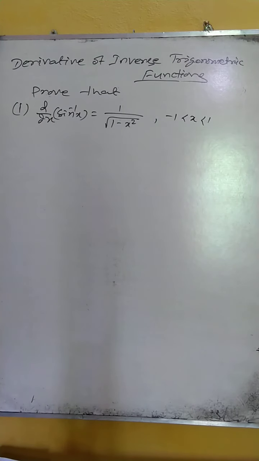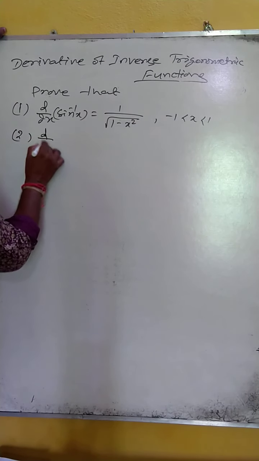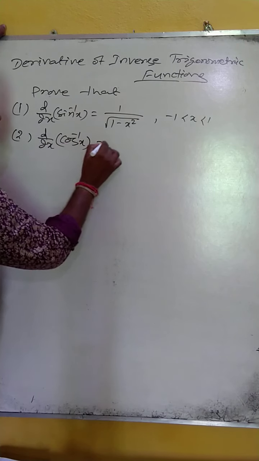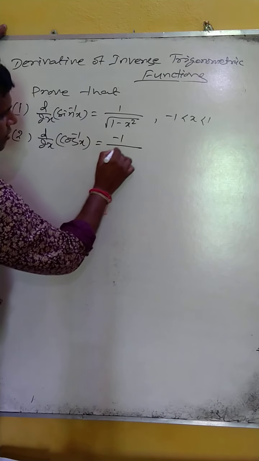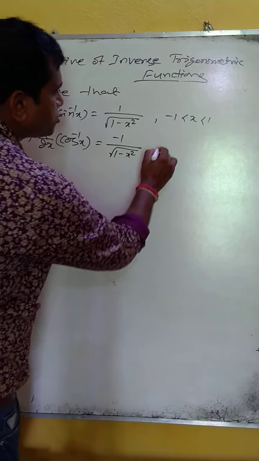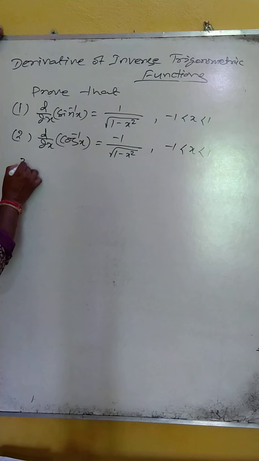That means x belongs to my open interval minus 1, 1. Number 2, d by dx of cos inverse x is equal to minus 1 by root over 1 minus x square, minus 1 less than x less than 1.